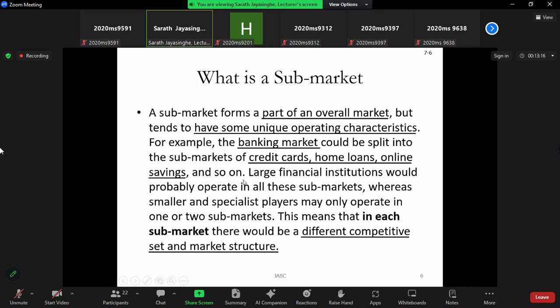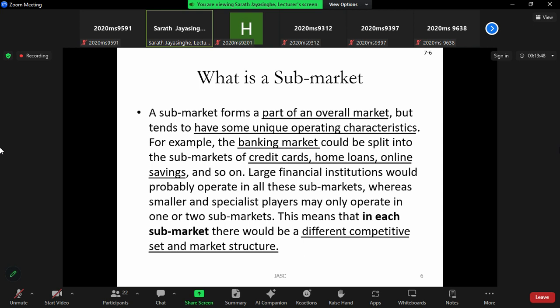Large financial institutions would probably operate in all these sub-markets, but sometimes it may be one or two. This means in each sub-market, there would be a different competitive set and market structure. So when you think about the credit card market or home loans, online savings, their competitors will be different from one to the other based on the market characteristics.